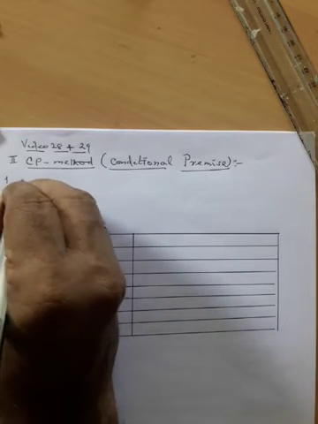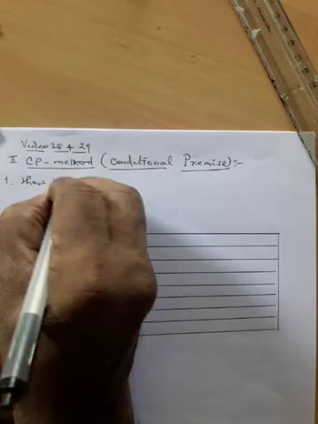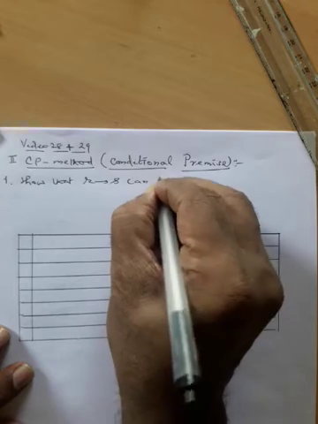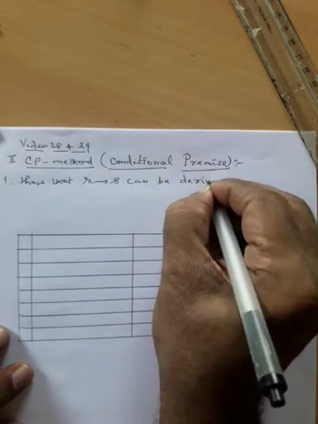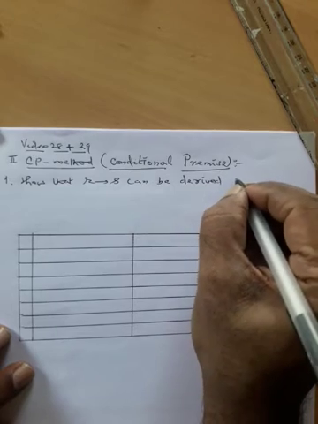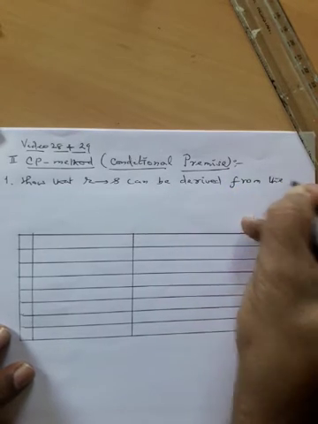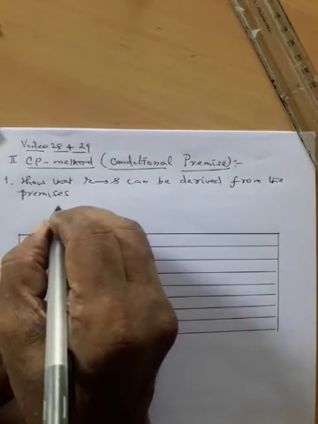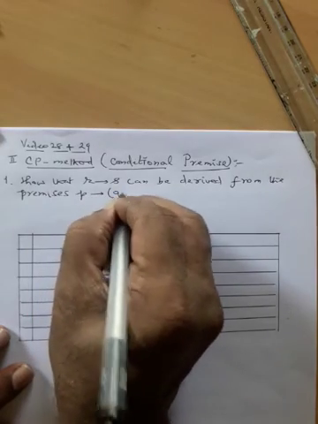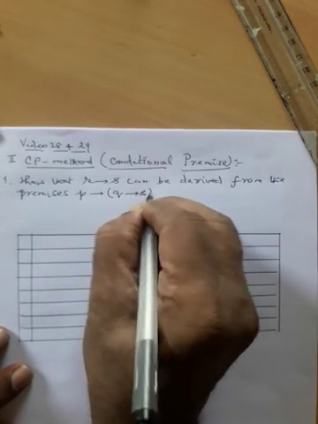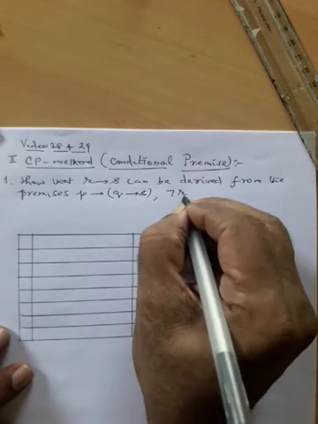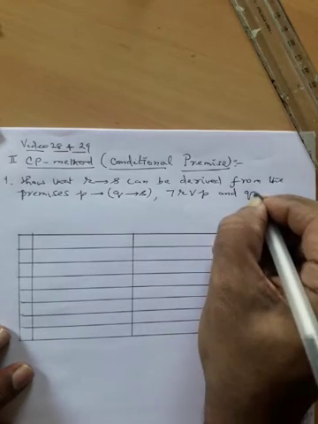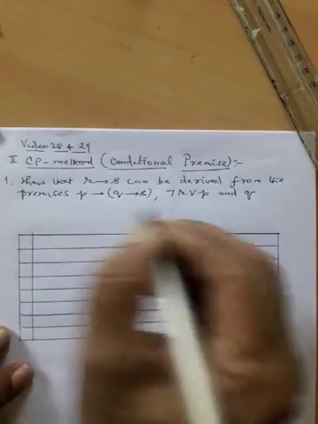Problem number 1. Show that R conditional S can be derived from the premises P conditional (Q conditional S), negation R or P, and Q. So this is the problem.